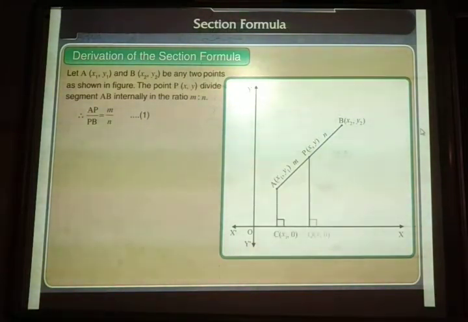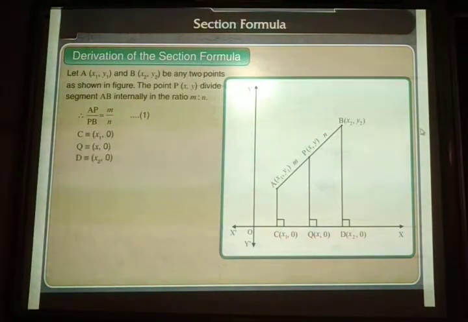Let us draw perpendiculars from A, P and B on the x-axis. Let C, Q and D be the feet of these perpendiculars. The coordinates of point C are (x1, 0), of point Q are (x, 0) and of point D are (x2, 0).